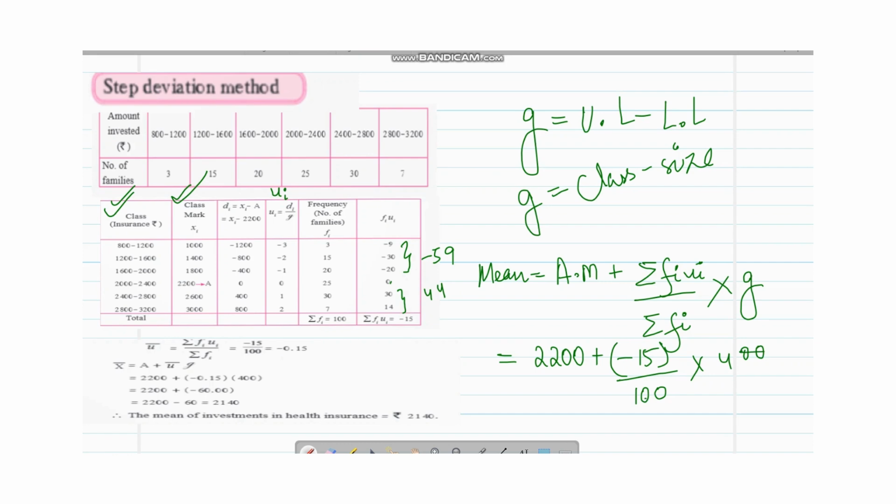Now 00, 20 cancel. 2200 plus minus minus 15 multiplied by 4 will be 60. 2200 minus 60 will be 2140. This is your answer. Easy question.